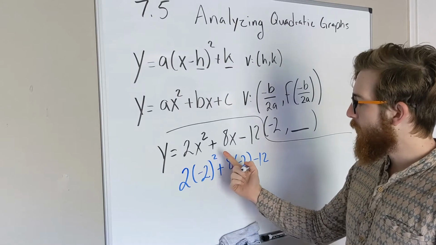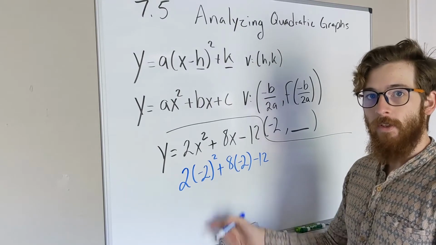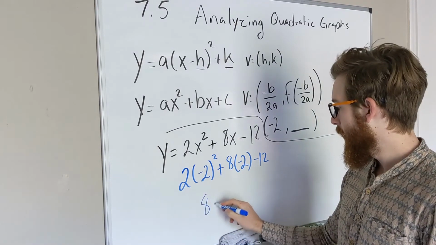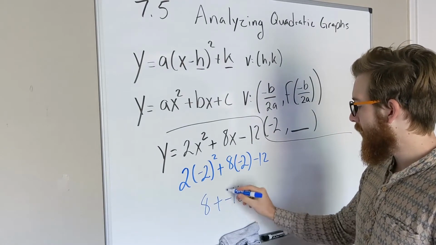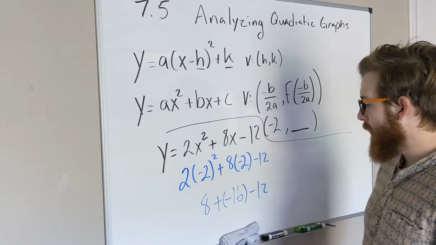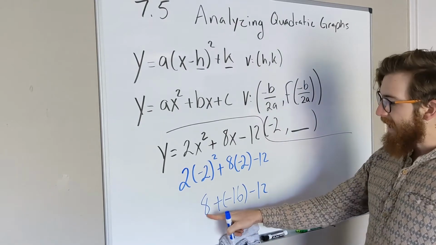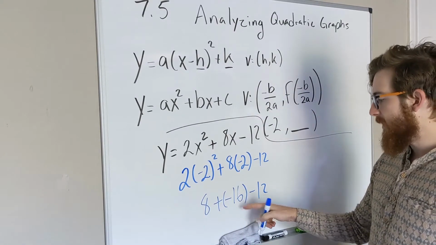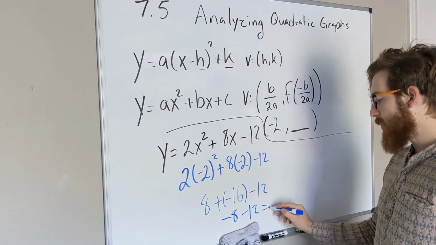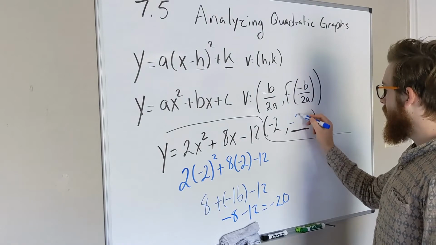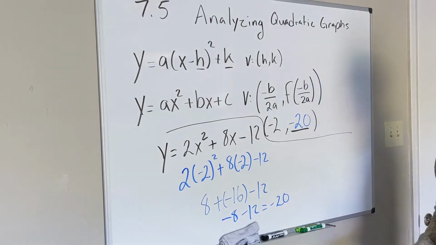Okay, negative 2 squared is 4 times 2 is 8. And then 8 and negative 2 is negative 16 minus 12. Okay, well, what is 8 plus negative 16? That's negative 8 minus 12. Negative 8 minus 12 is negative 20. So my y value is negative 20.